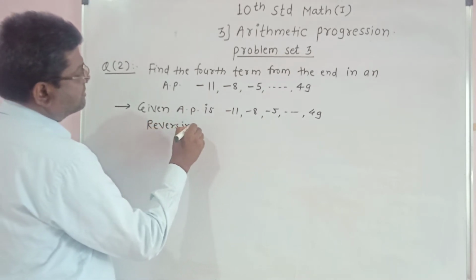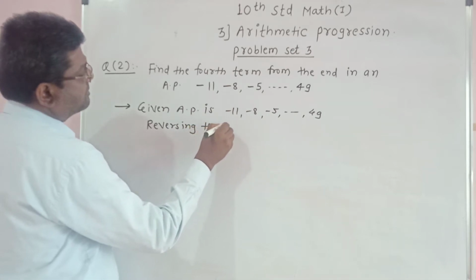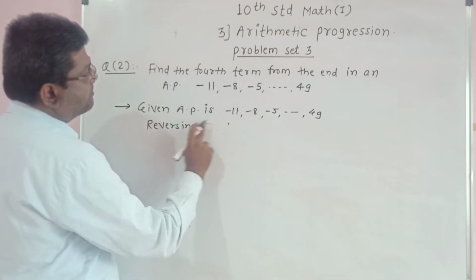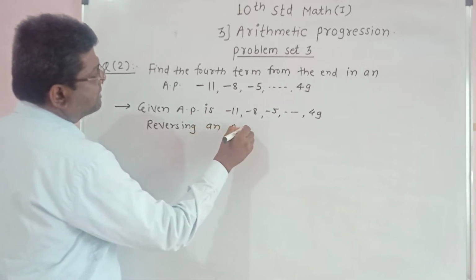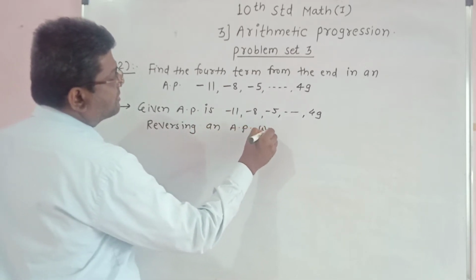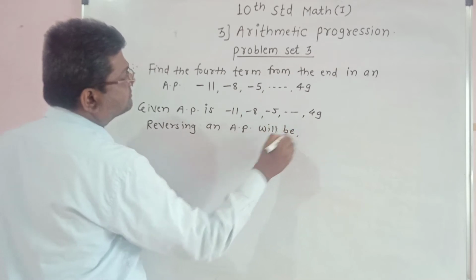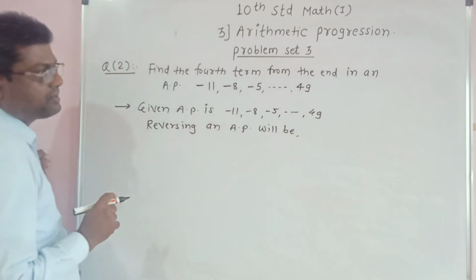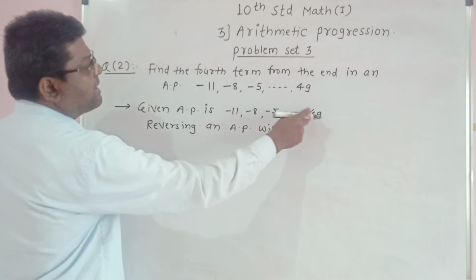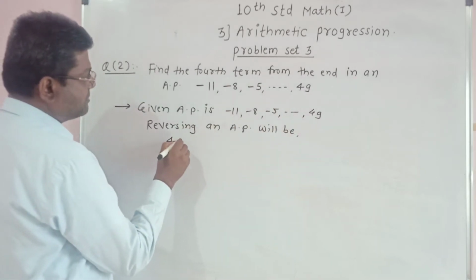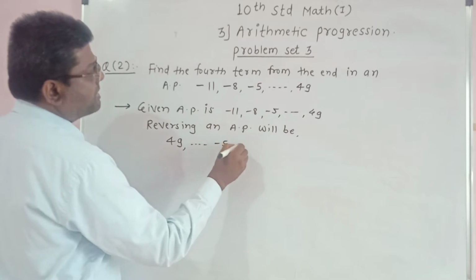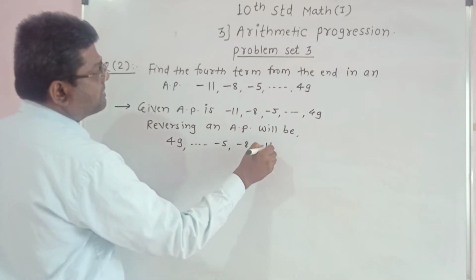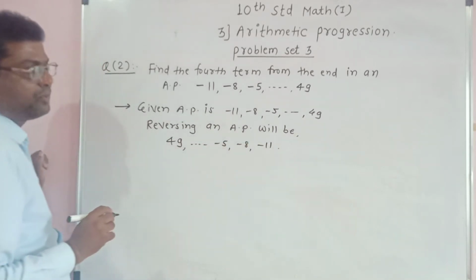Reversing an AP, if we reverse this AP, then 49 will be the first term, 49, ..., -5, -8, and -11 is the last term.